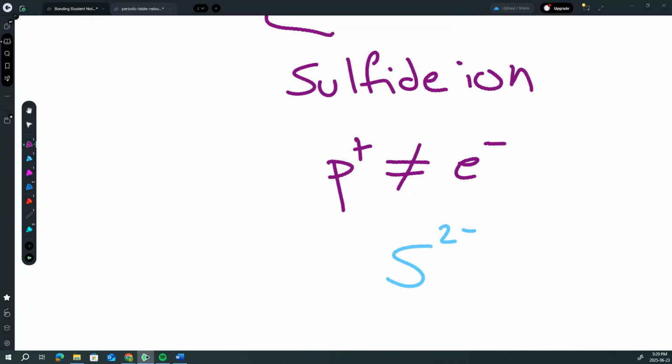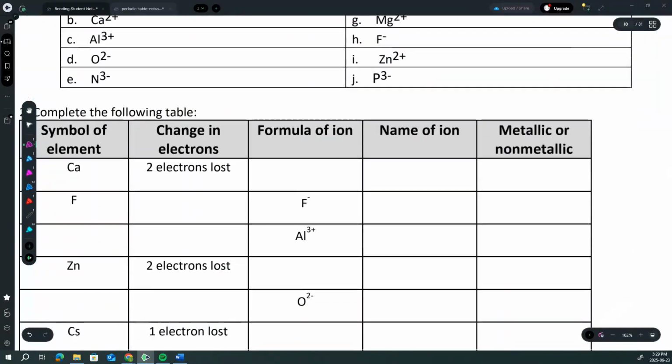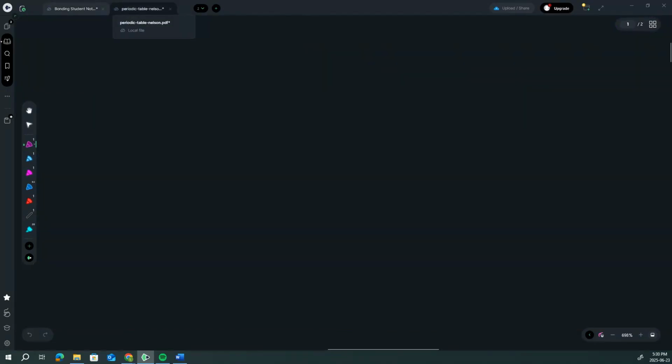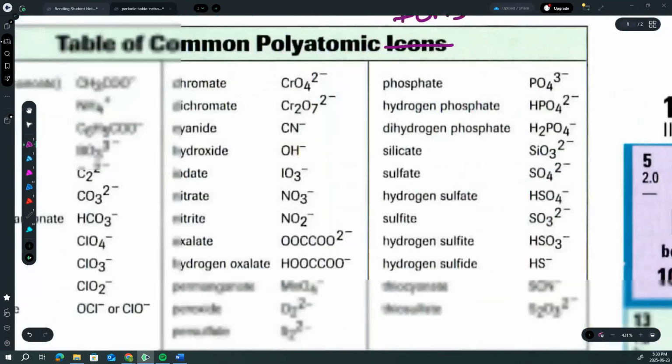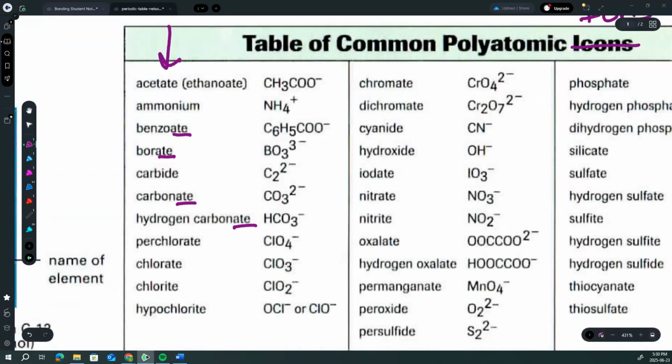Typically, most of your polyatomic ions end with ATE or ITE. There are exceptions, but most of them end with ATE or ITE. Let's find some ITE examples.